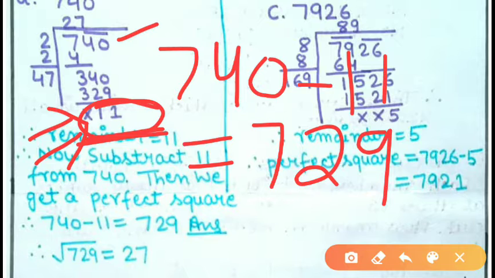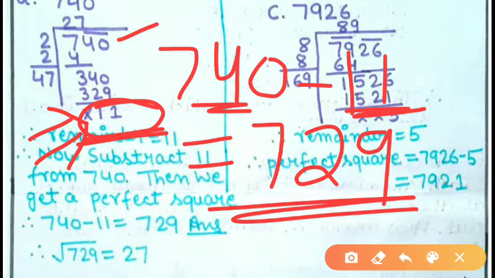I want to repeat this line. For removing the remainder just subtract the remainder from the given number. Means 740 minus 11, because 11 is the remainder. This will give you 729.